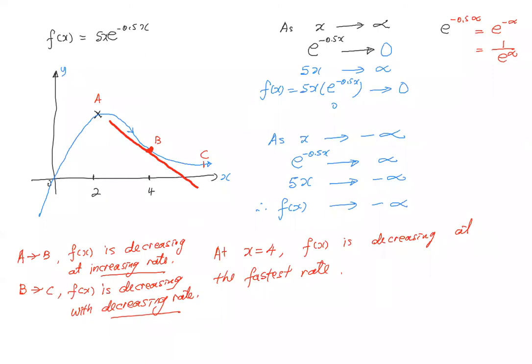Okay? So now at least you have some idea of what is stationary point, what is inflection point. So you can determine the rate by looking at the graph. Yes, you can determine the rate by looking at the graph.